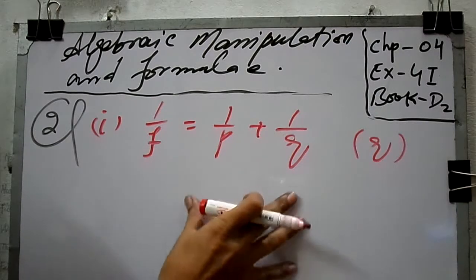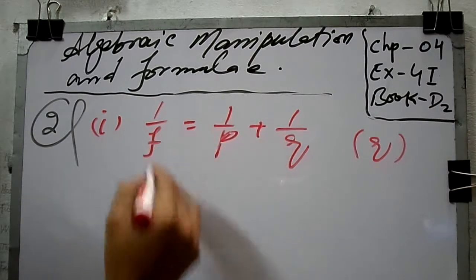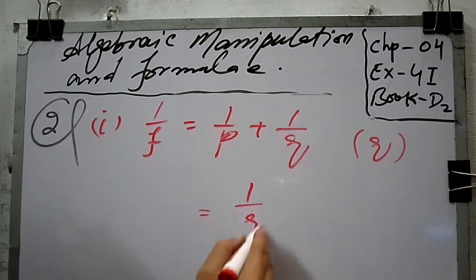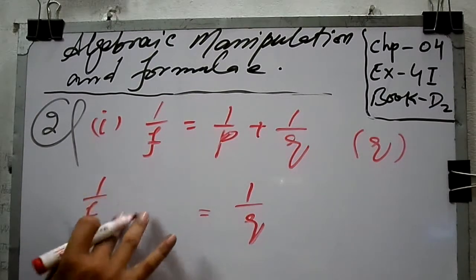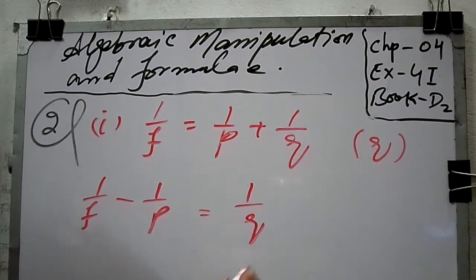Shift here 1 by Q, and shift 1 by F minus 1 by P. So 1 by Q, taking LCM, that is FP, so you will get P minus F over FP.